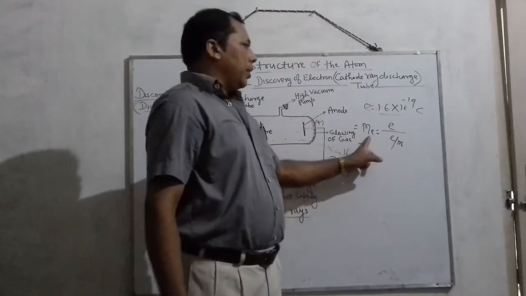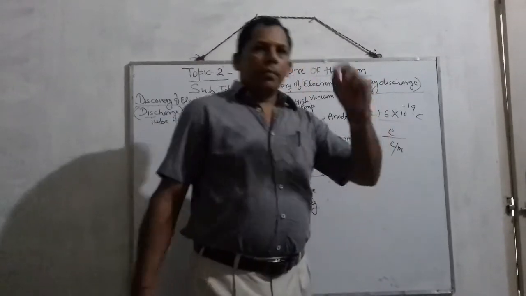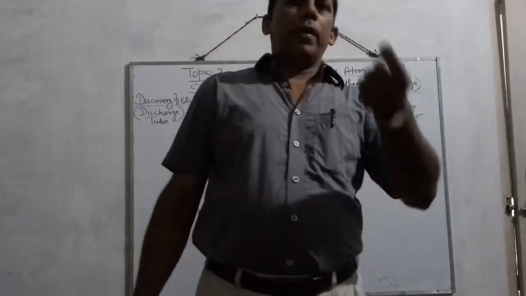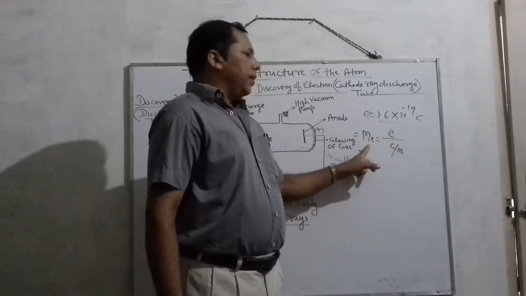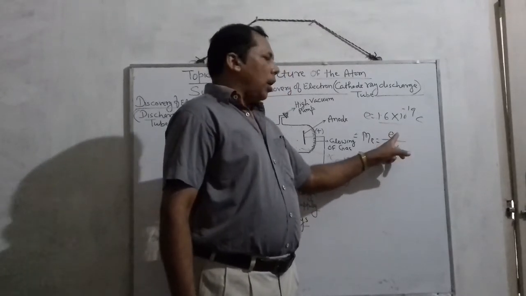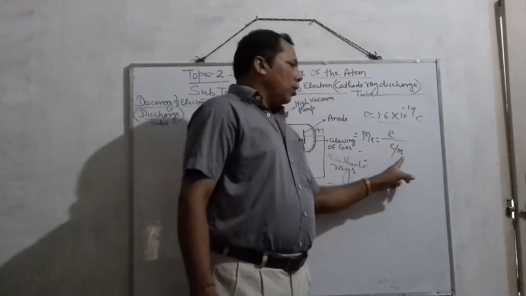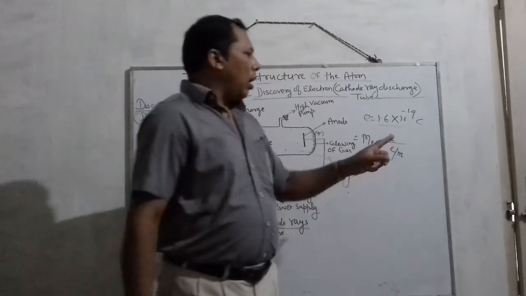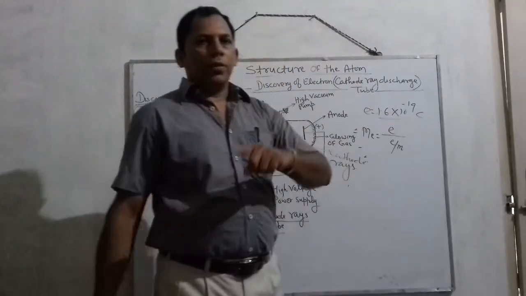You must remember the charge of the electron was found by Robert Millikan, and the mass of the electron can be found by dividing the charge of the electron by the e by m ratio.